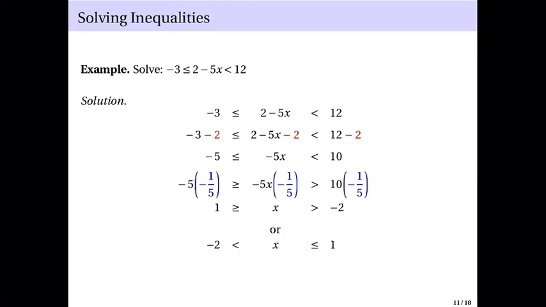So this is very similar to the previous example when we modified our solution. When we try to put the variable on the left side and the constant on the right side, we reversed our inequality.